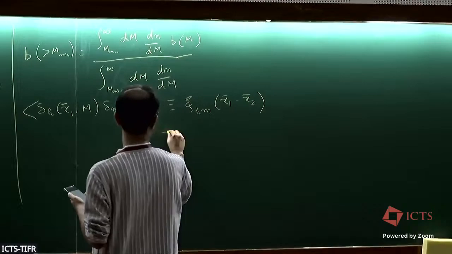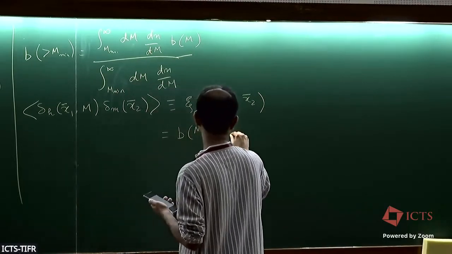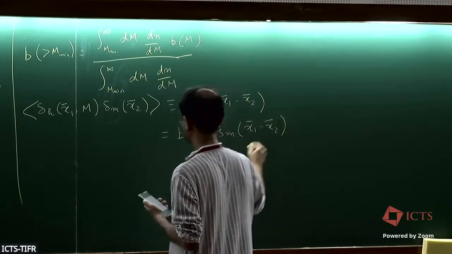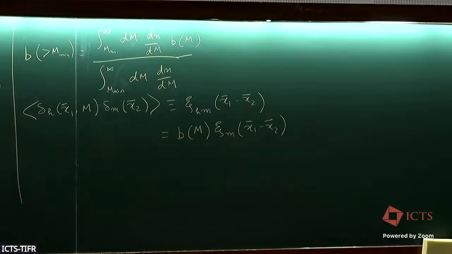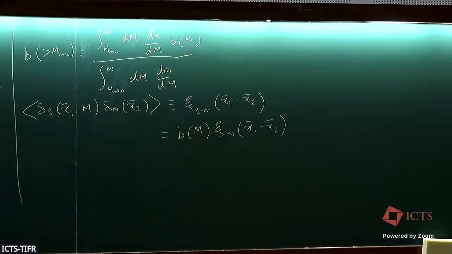And that will turn out to be B of m times psi m of x1 minus x2. So the 2-point correlation of halos with halos will pick up 2 factors of B. If you do cross correlation with the underlying matter, it will pick up 1 factor of B. And if you do matter with matter, there is no bias, obviously.